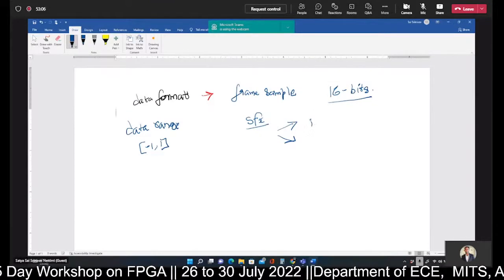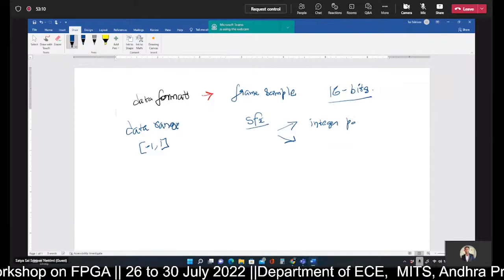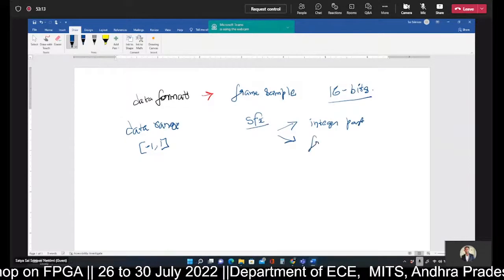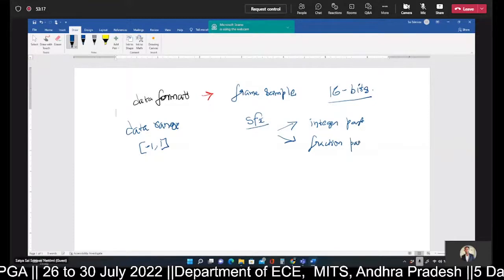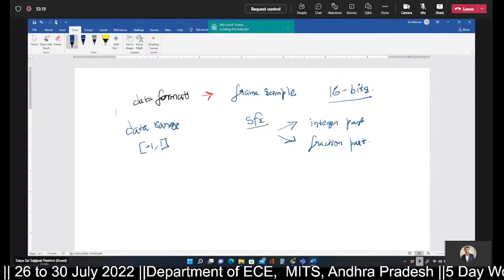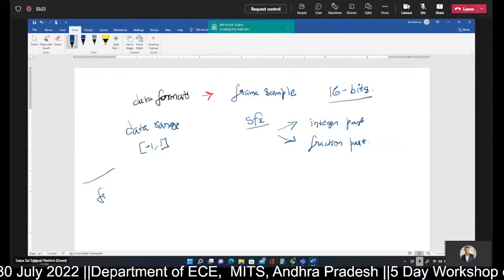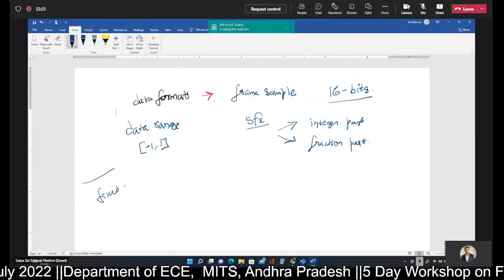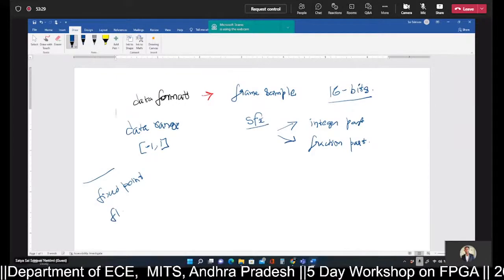In the signed fixed point data, we have an integer part and a fraction part. So actually, what are the data formats? There are two data formats. One is the fixed point data format. The other one is the floating point data format.